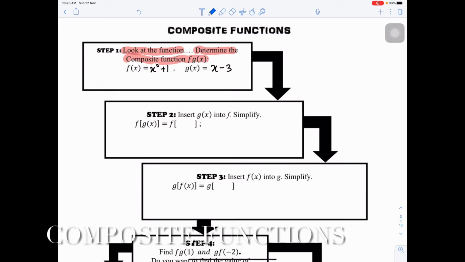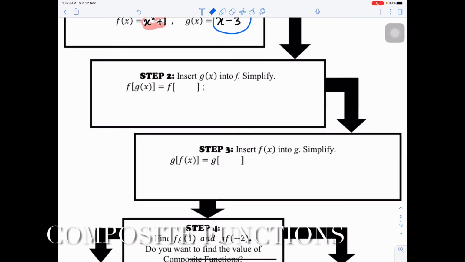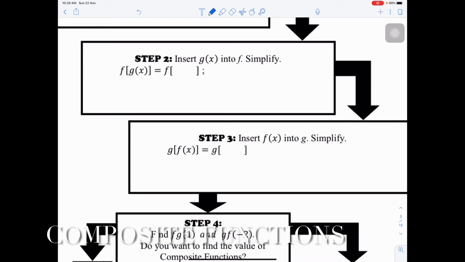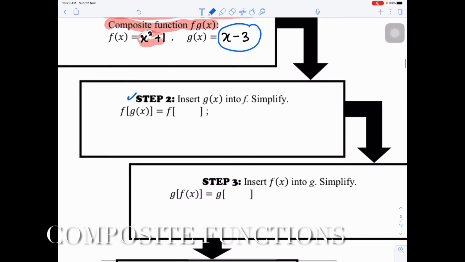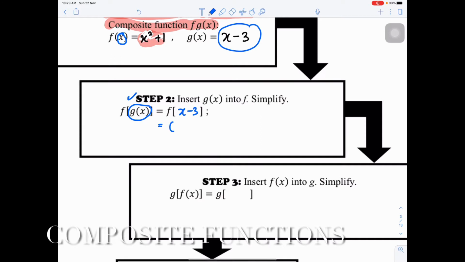Now we have f(x) equals x squared plus 1 and g(x) equals x minus 3. This is step 1, and then step 2, insert g(x) into f and simplify. We know f(x) equals x squared plus 1, and then insert g(x), which equals x minus 3, so it equals (x minus 3) squared plus 1, referring to the function f(x).